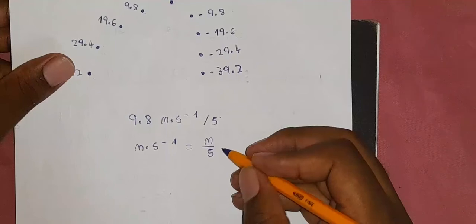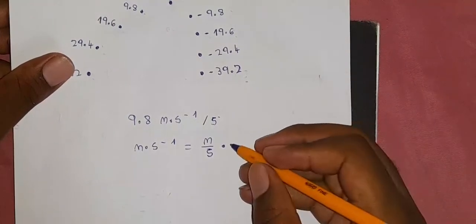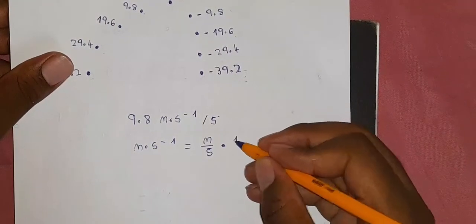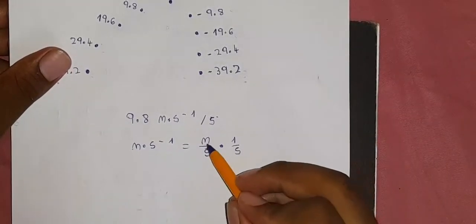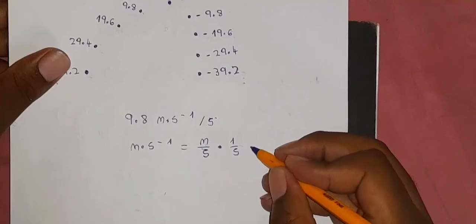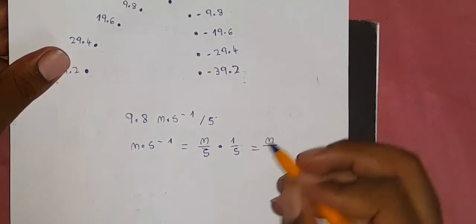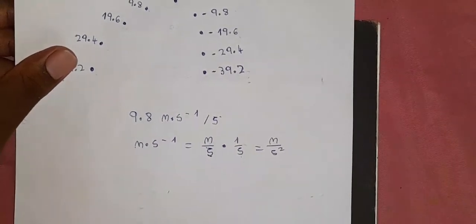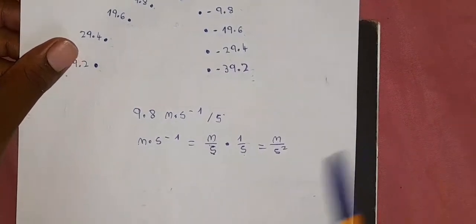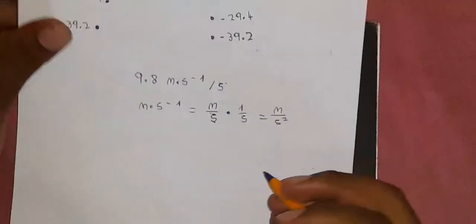And when we multiply this by 1 over second, we get m times 1, which equals m over s times s, which is second squared. Someone is wondering what I'm doing here. I'm going to show you that in a second.